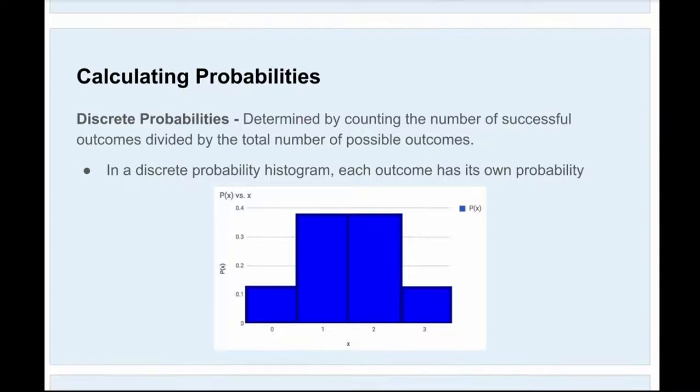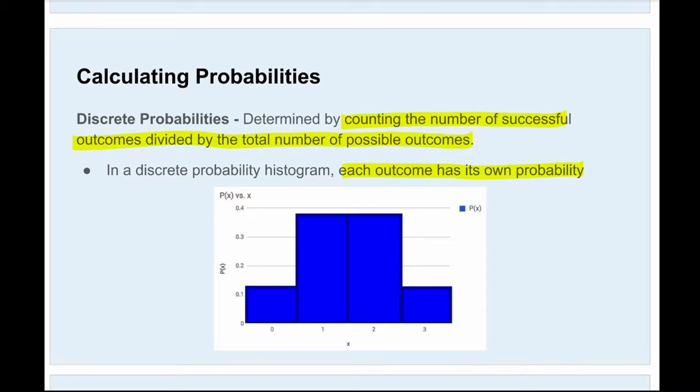When we've calculated discrete probabilities, we've determined them by counting the number of successful outcomes divided by the total number of possible outcomes. In a discrete probability histogram, as we've seen here, each outcome has its own probability.